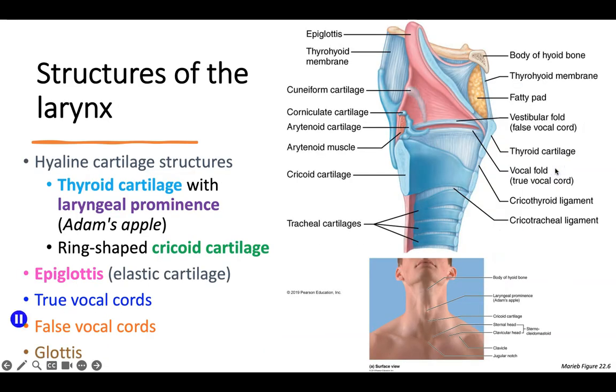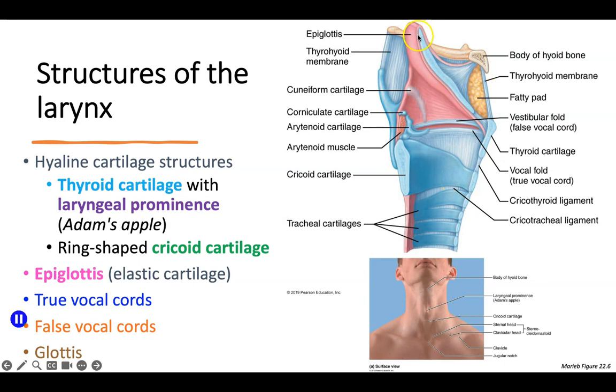Let's take a look at the internal structures of the larynx. Just to orient you, here is the Adam's apple, also known as the laryngeal prominence, and it is made up of this thyroid cartilage, which, along with the cricoid cartilage, is another structure of hyaline cartilage, helping to keep this larynx patent so air can move in and out.